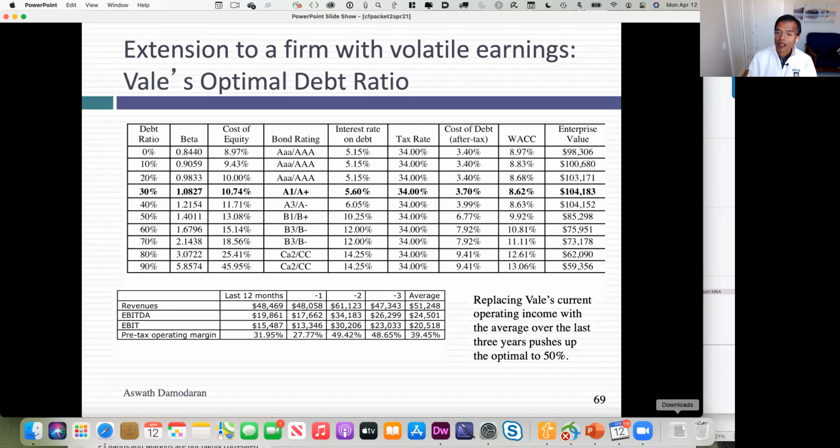So it looked like Vale was borrowing based on what they made in a normal year rather than what the iron ore price was. The danger, of course, is if iron ore prices drop and stay low, you're going to be in deep trouble. And this has been the case with commodity companies. For a century, commodity companies have been managed based on a price cycle. You know what I mean by that?